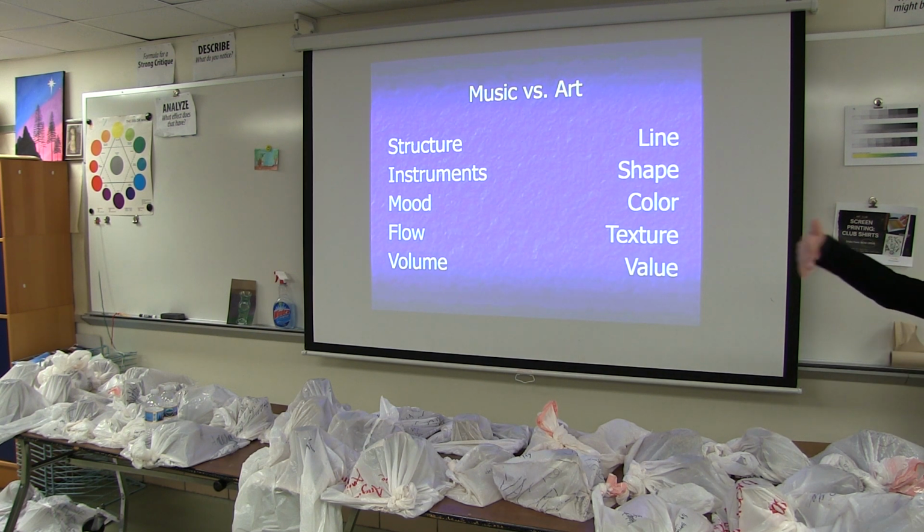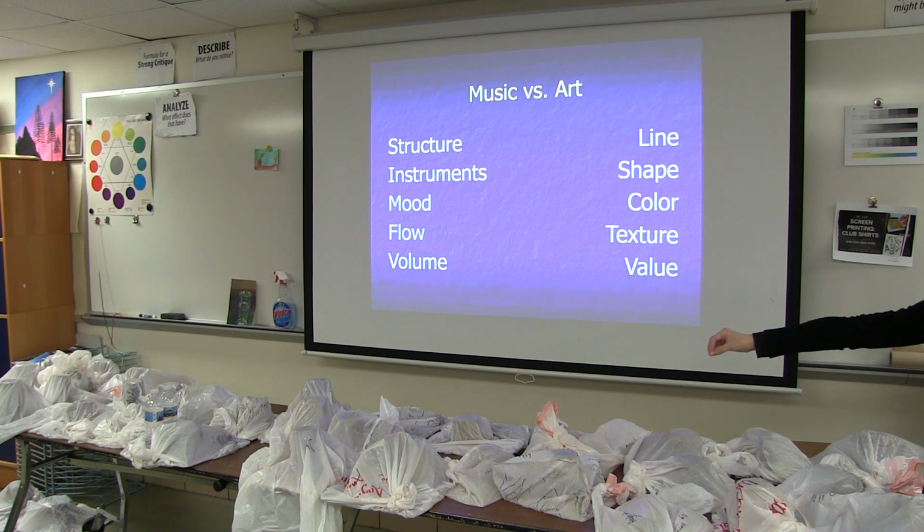Now, we determined, I think pretty clearly with our discussion, that there's not necessarily only one thing that it will be associated with. You certainly could have some overlap, but this is a good starting point for when it comes to translating what you hear into what you will see, or what you'll create for your viewers to see. Does that make sense?